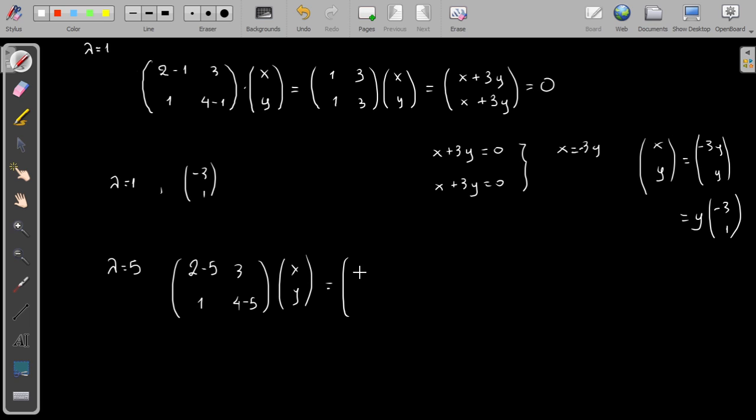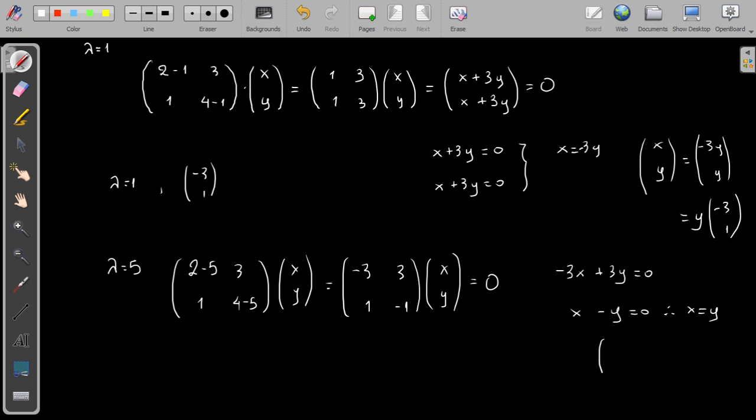So it's going to be minus 3, 3, 1, minus 1, times x, y. Basically this is going to be 0, and if I make the multiplications, you see again I have the same equations. Minus 3x plus 3y is 0, x minus y is 0.